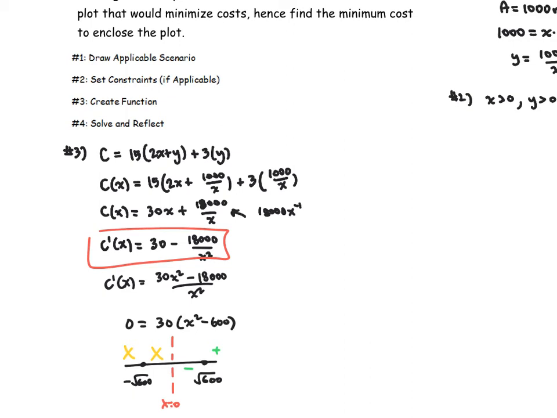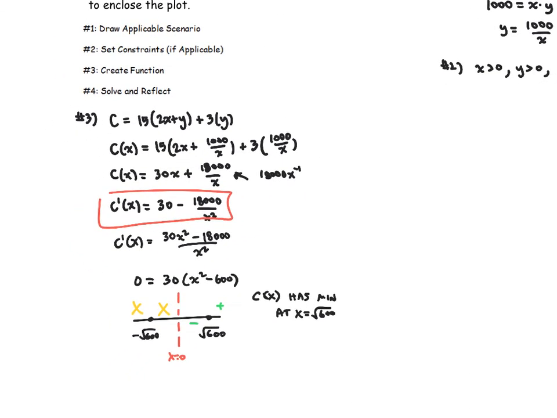So I know that c of x has a minimum at x equals square root of 600. That's great. That gets me almost exactly what I want. So number 4, this makes sense to me. R is positive. I've shown using the first derivative test that c has a minimum at x equals square root of 600.